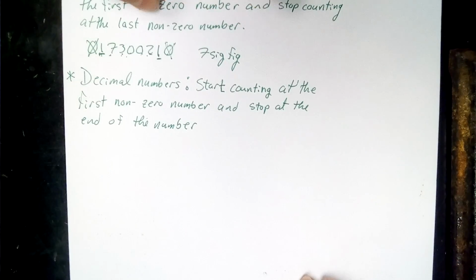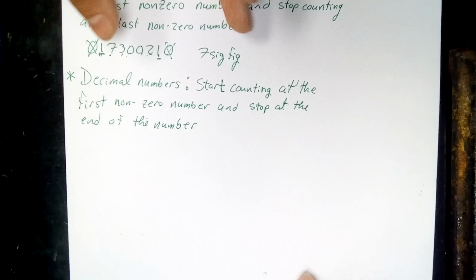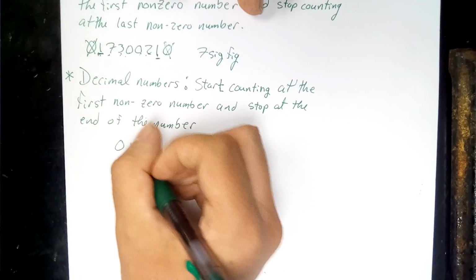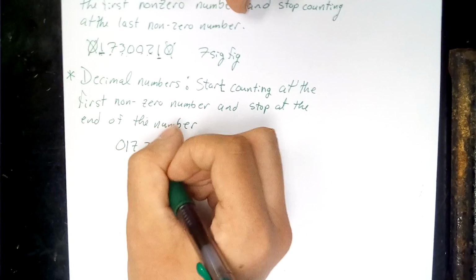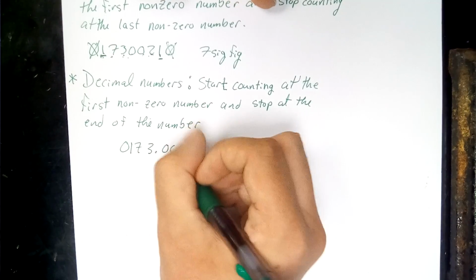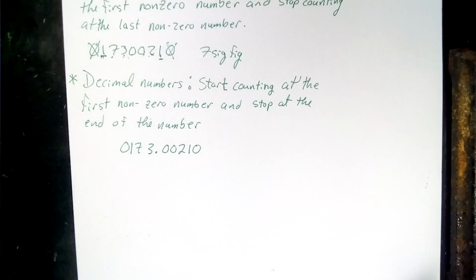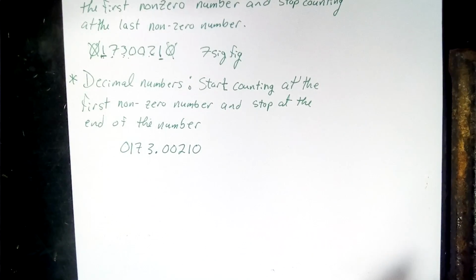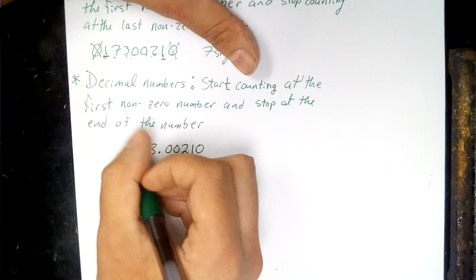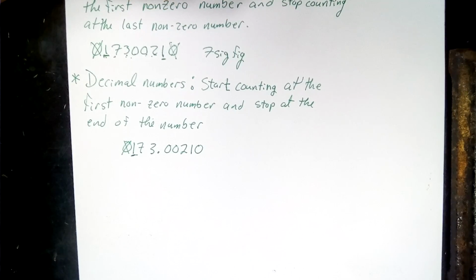So for example, if we have the exact same number, but it's got a decimal place in it, just randomly put into it. So if I have 0.173.00210, I still start counting at the first non-zero number. So that's going to be this 1. We're going to completely ignore that 0.